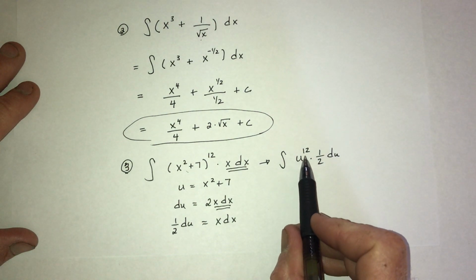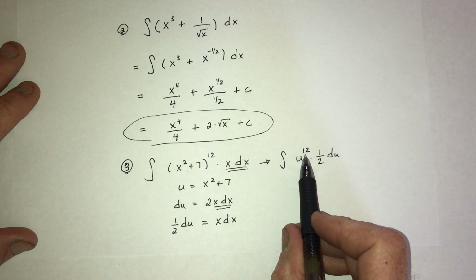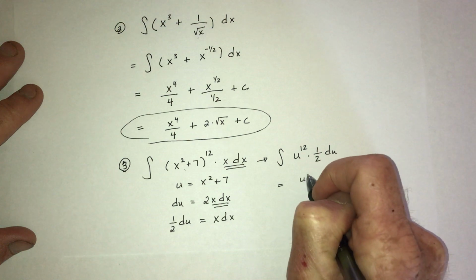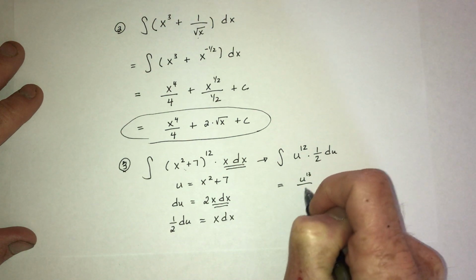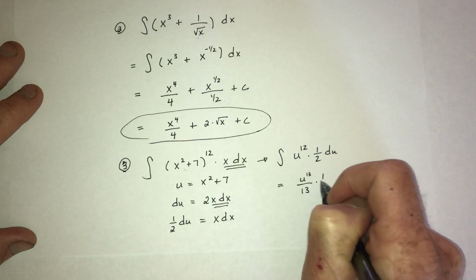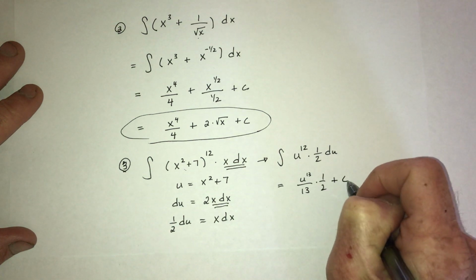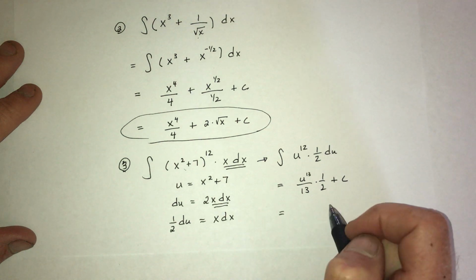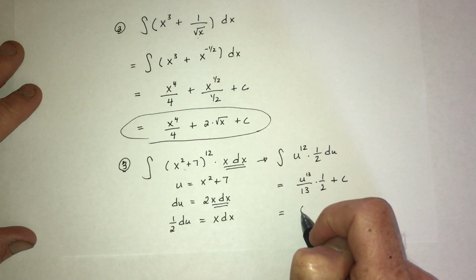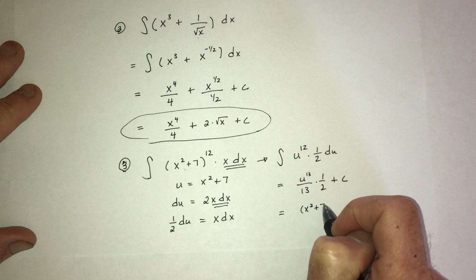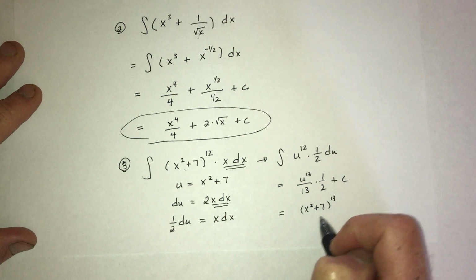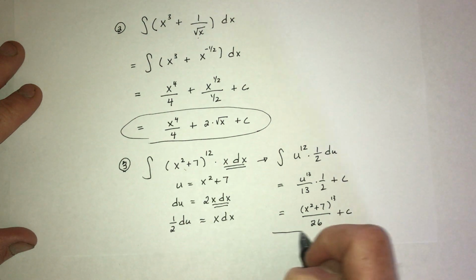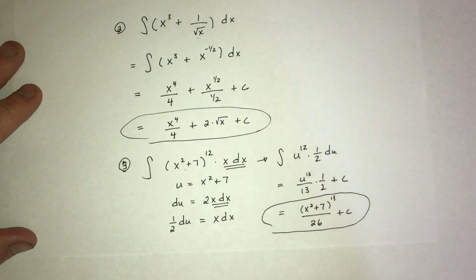And then add 1 to the exponent, so that's going to be a 13, and then divide by 13. So it'll be u to the 13 over 13 times 1/2, and at this point, don't forget the plus c. And then finally, you could replace the u with x squared plus 7 raised to the 13, and then it's over 26 and plus a c.